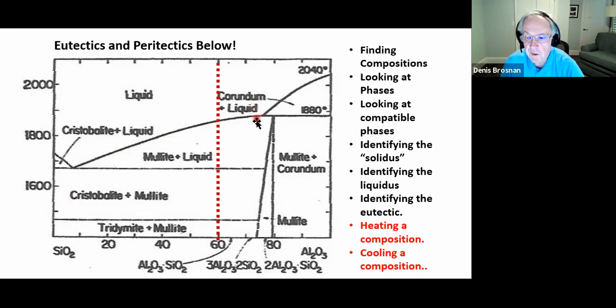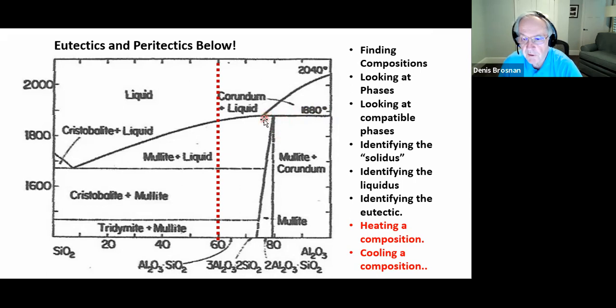Now, this particular diagram has another point called a paratectic point. Eutectic and paratectic. And paratectic point means that when you're heating up mullite, it will melt into another solid plus a liquid. So the solid over here is going to be alumina. And when mullite melts, it forms an aluminosilicate liquid over here.